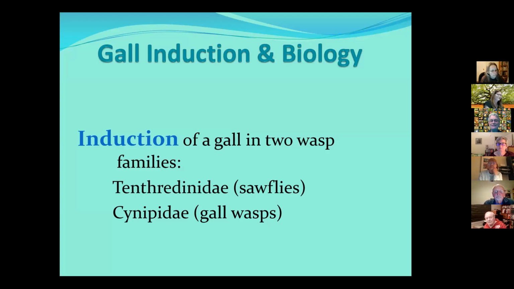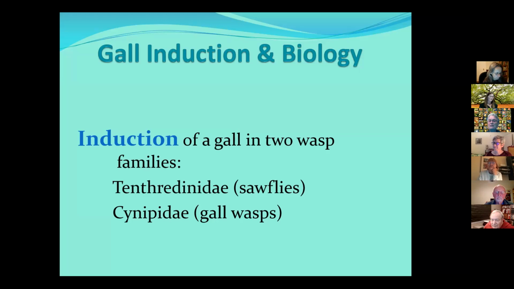While the tenthredinids, all right, I shouldn't say this, but I think their galls are a little less complex and a little less spectacular than the cynipids, but I may be a little biased. The tenthredinids are also Hymenoptera, and yes, their galls are interesting. Mostly, we'll find a lot of tenthredinid galls on willow. We find a lot of cynipid galls on oak, to begin with.